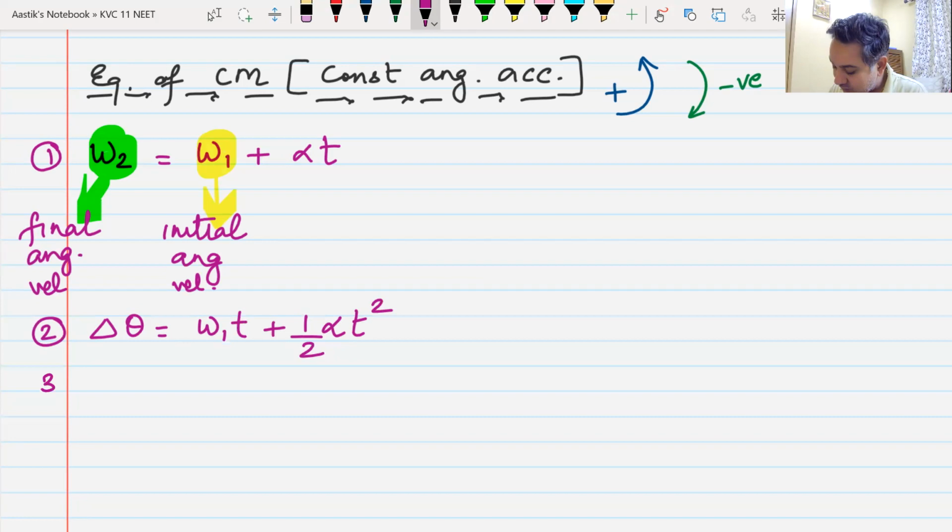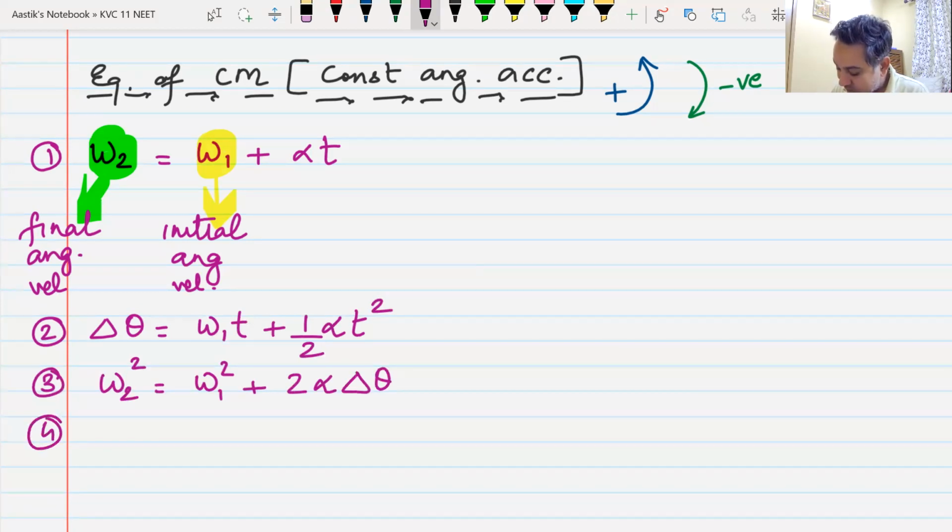Okay, what will be your third equation? Omega 2 square will be equal to omega 1 square plus 2 times alpha into delta theta. The fourth equation will be angular displacement in nth second, equal to omega 1 plus alpha by 2 into 2n minus 1.